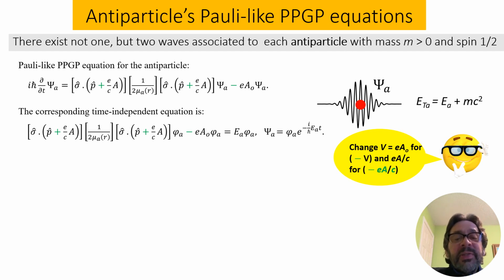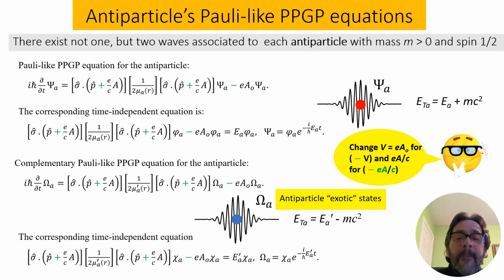How do you obtain this equation? Well, you write the Pauli-like PPGP equation for the particle, and then you substitute B for minus B, and you substitute E times A divided by C for minus E times A divided by C. The corresponding time-independent equation is shown below.